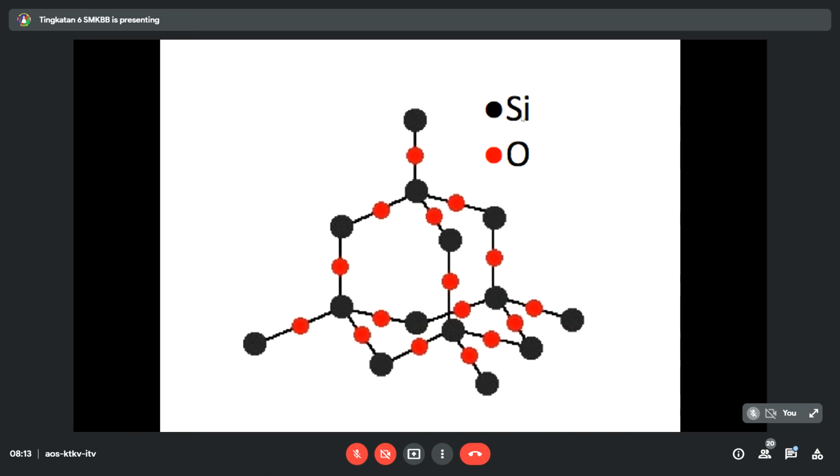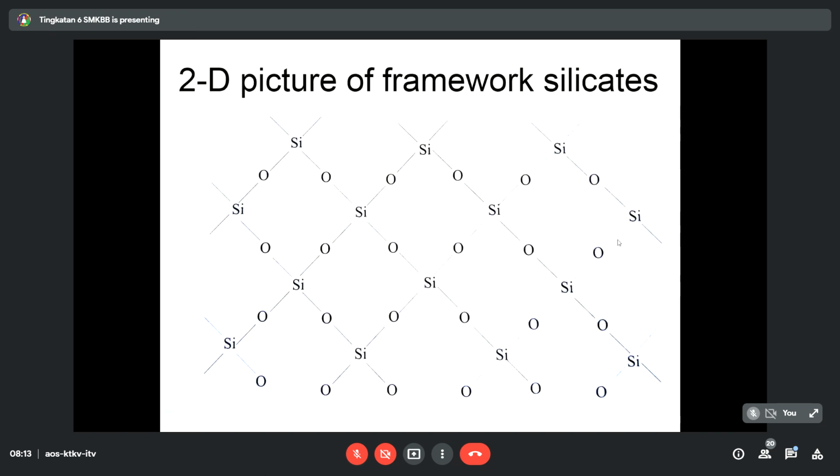That means the structure is just like diamond. 3D, yeah? Except diamond will consist only of carbon. This one consists of 2 types of atoms. You see, that means it's a 3D structure. All the atoms are shared. Or this one you imagine like you view from the top. Want to say top also not quite, because if from the top, your O and Si will be overlapping each other.